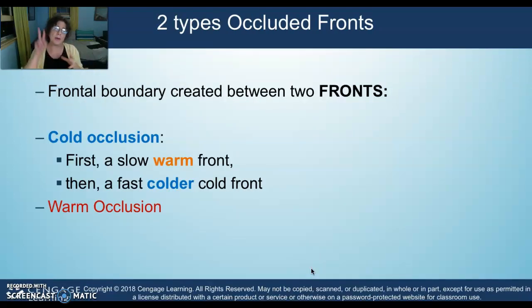We're going to talk about two different types of occluded fronts. One is a cold occlusion and one is a warm occlusion. In this video, we're going to talk about the cold occlusion. Next video, warm occlusion. The cold occlusion is a slow, warm front being chased by a faster, very cold front. All right?